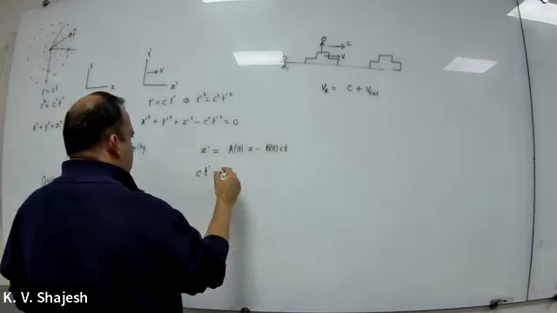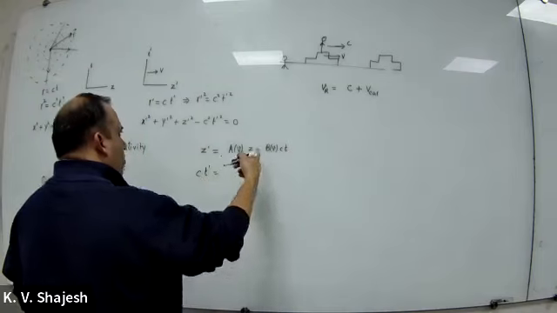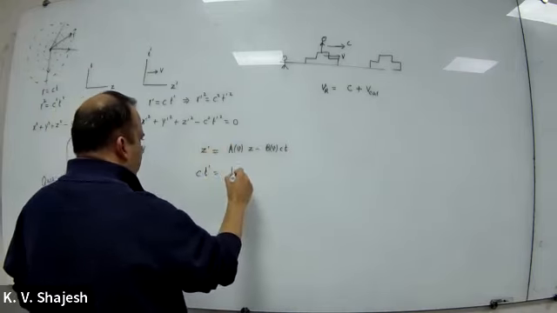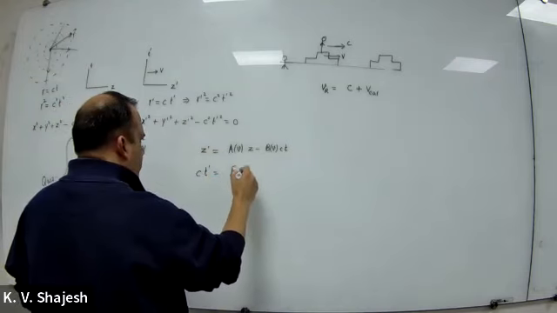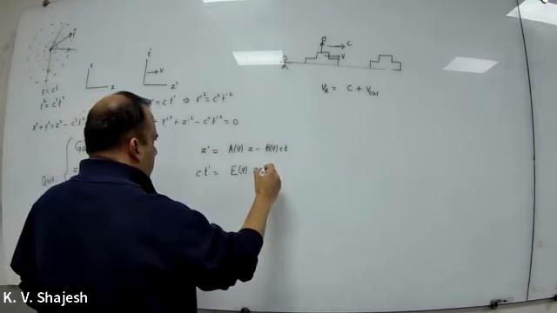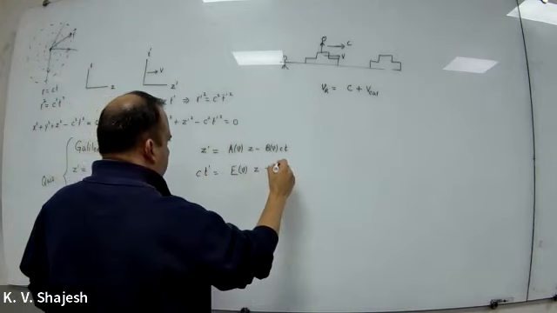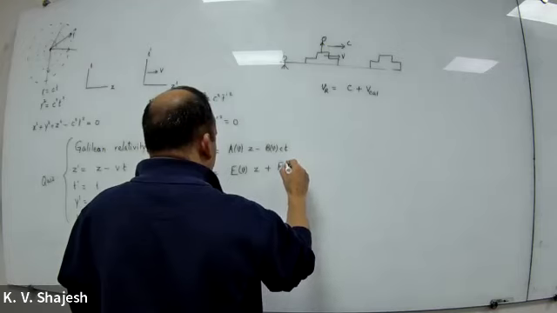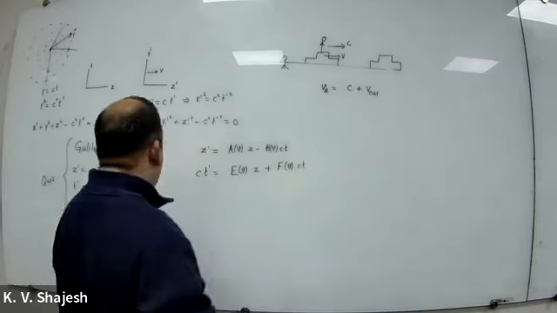Then T prime is equal to E and F, where E is also a function of V and c. Is that clear?